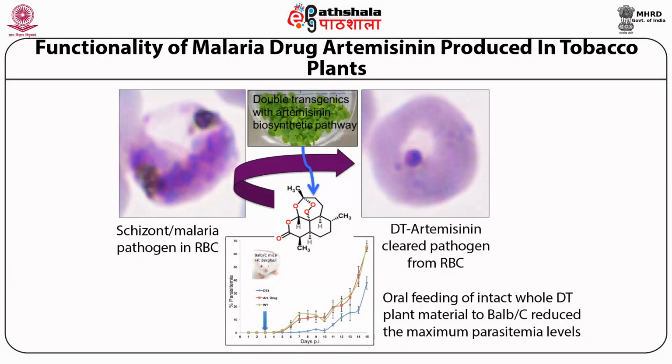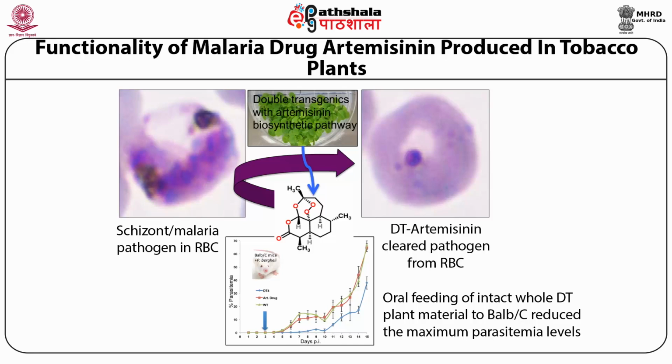Once you have some product you have produced using the chloroplast, then you have to show the functionality. Here we have shown the functionality of the artemisinin drug produced in plants. You see on the left-hand side a silent ring stage of malaria parasite, Plasmodium, which is quite infectious.